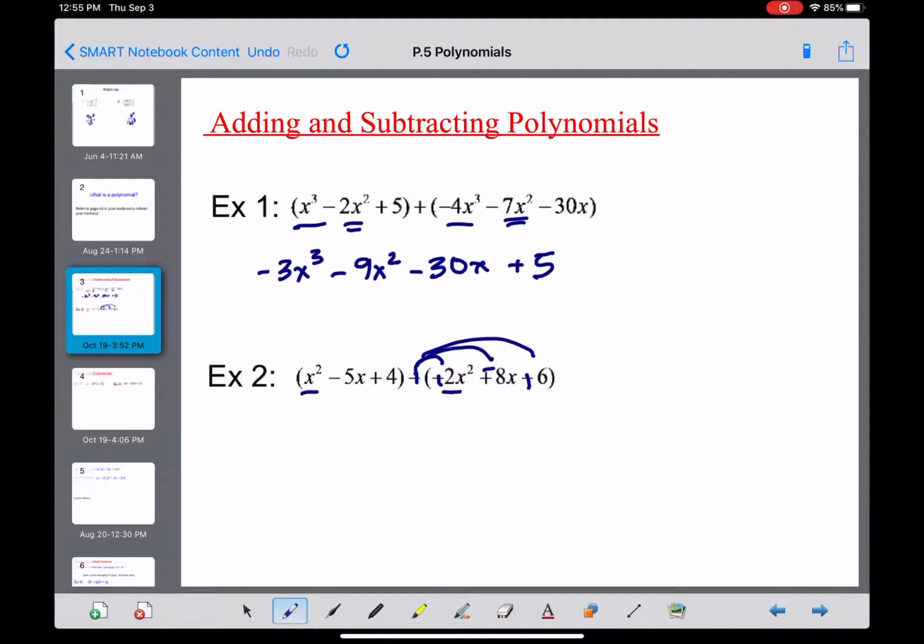So then we're going to combine our like terms here. So we're going to end up with x squared minus negative 2x squared, so this becomes plus 2x squared, so 3x squared. Negative 5x plus a negative 8x is a negative 13x, and 4 plus 6 is 10.